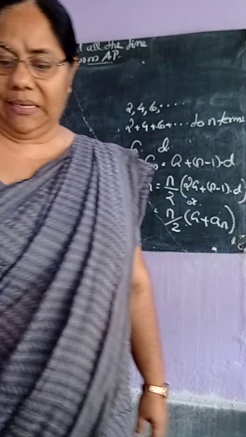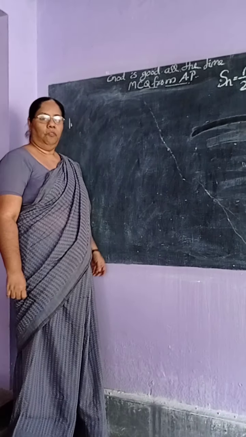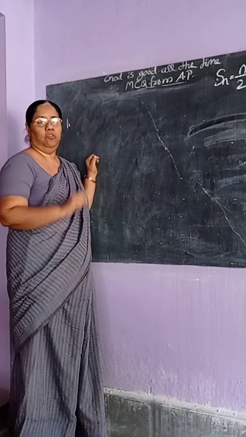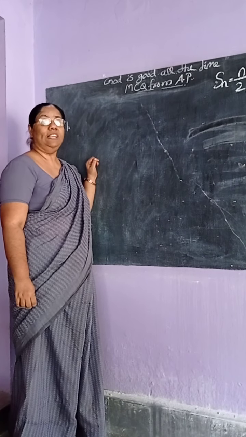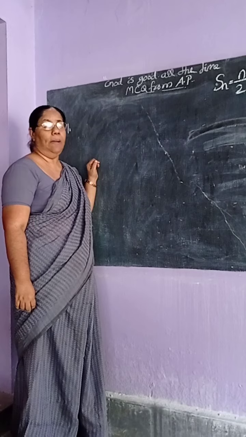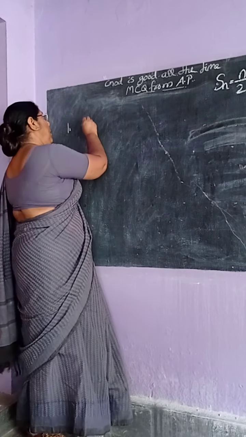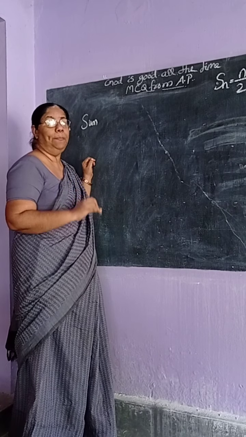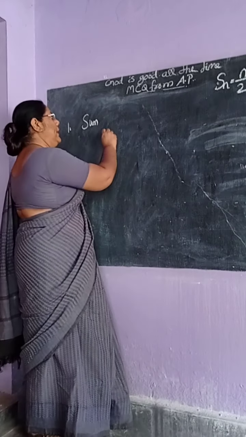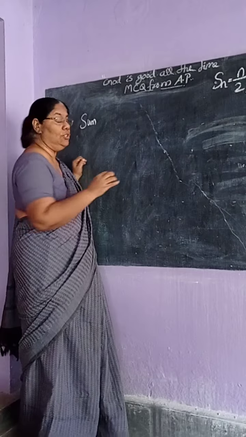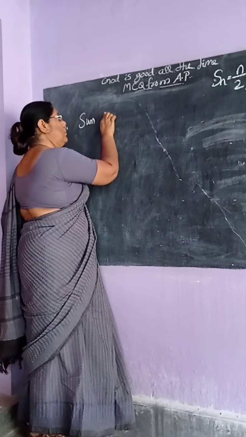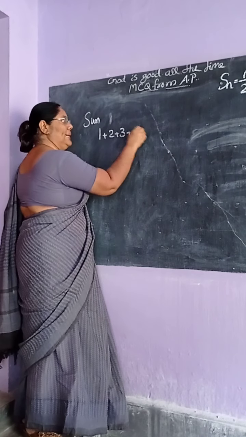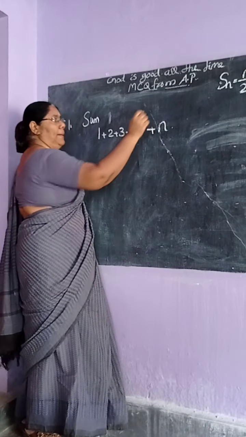Write the first question. The sum of the first n natural numbers is. Look here. Sum of first n natural numbers means the question is 1 plus 2 plus 3 plus etc. plus n.